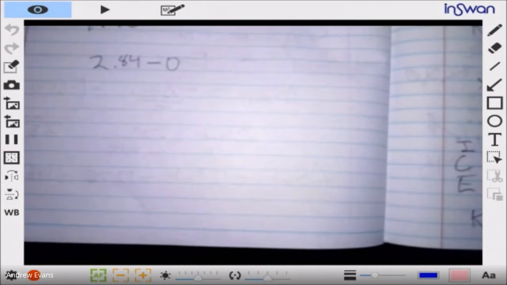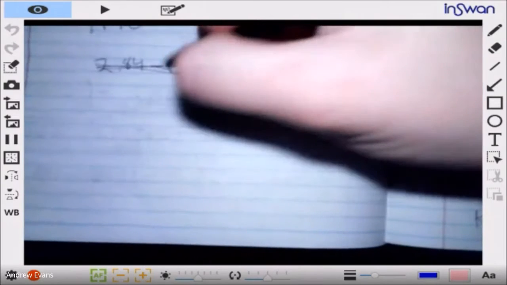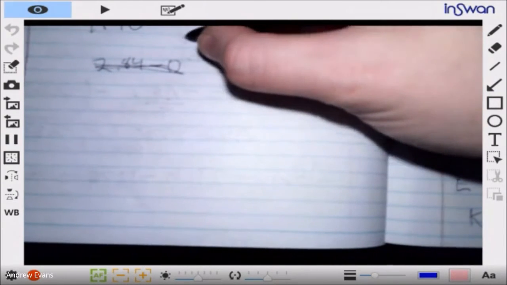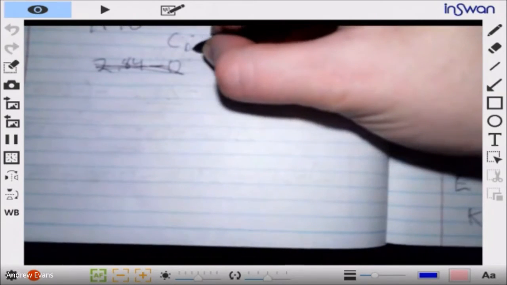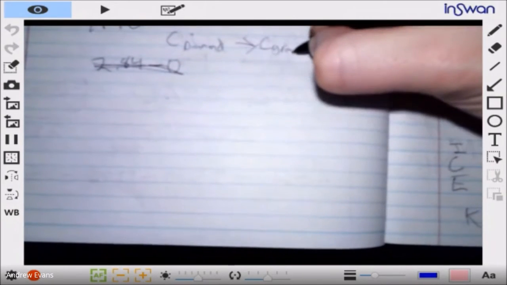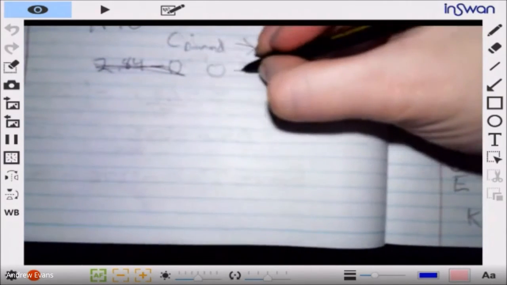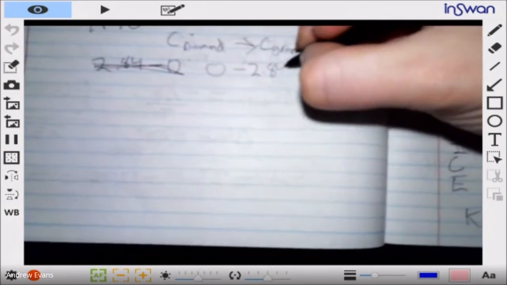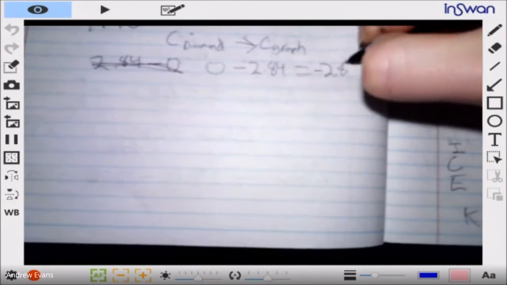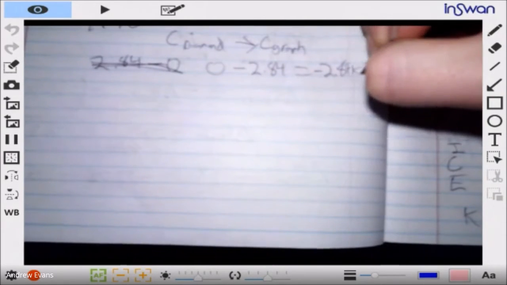Oh, I did it the other way around. Products minus reactants. Carbon from diamond to carbon graphite would be 0 minus 2.84. So our delta G is actually negative 2.84 kilojoules per mole.